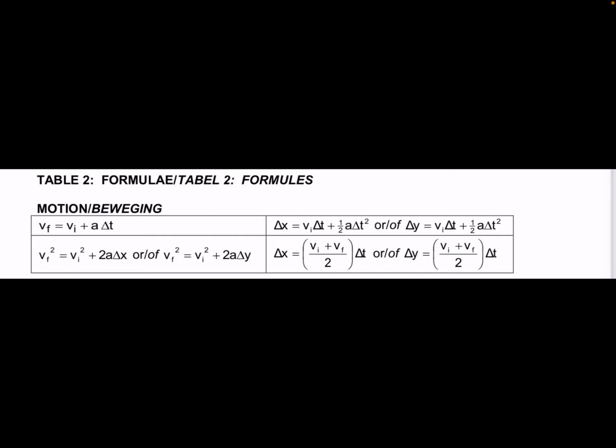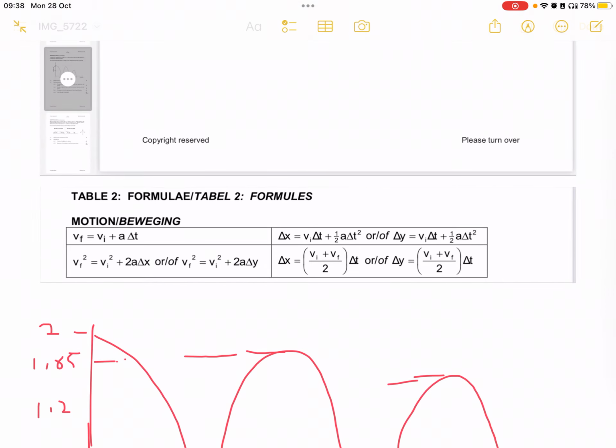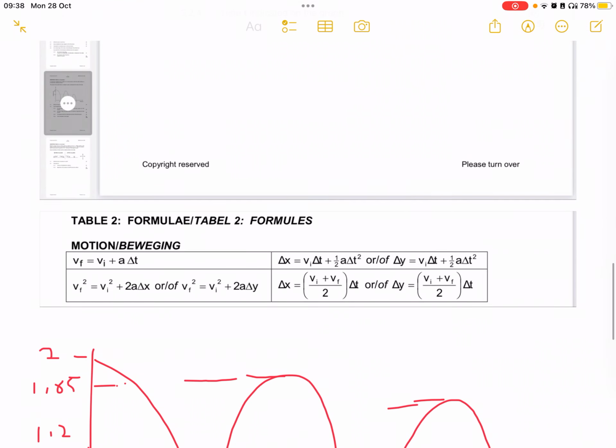That one you use when you have displacement, v initial, and time. And the last one, written in the form of displacement, you need displacement in the horizontal or in the vertical, with initial velocity, final velocity, and the time it took for the displacement to be covered, or change in x, basically. But that's displacement.